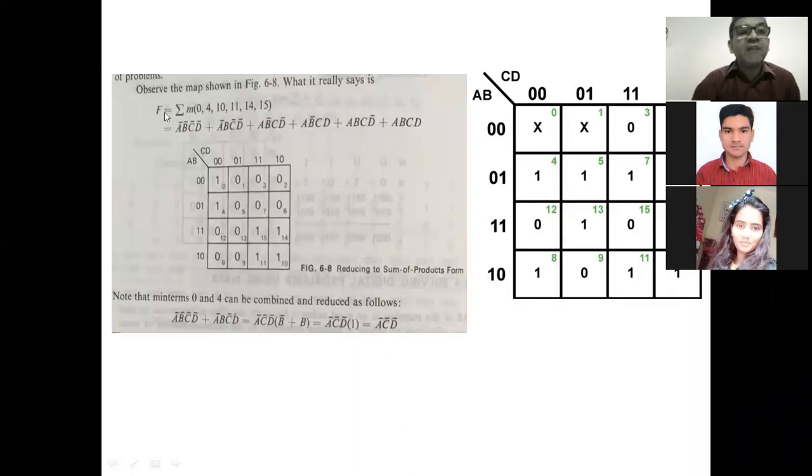So F of summation is equal to A bar, C bar, D bar. What these numbers show is that these are the numbers of squares, but these squares are numbered in this way.